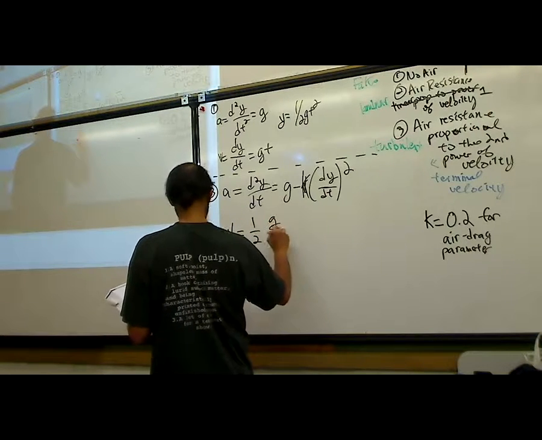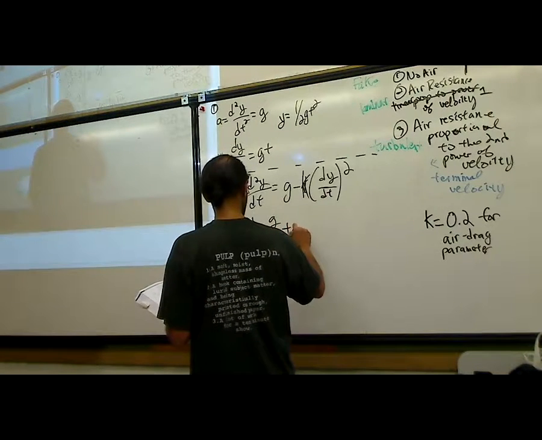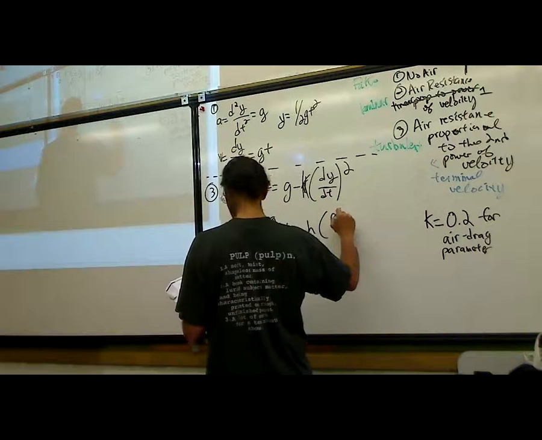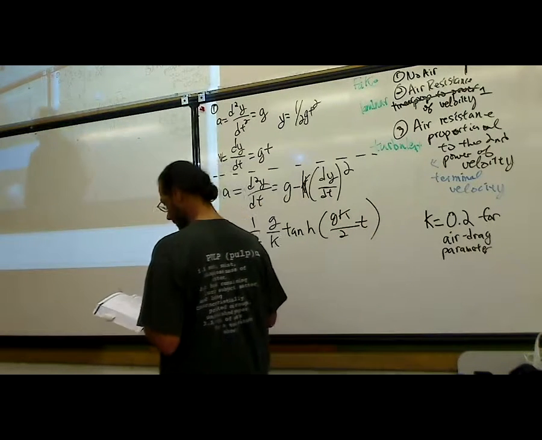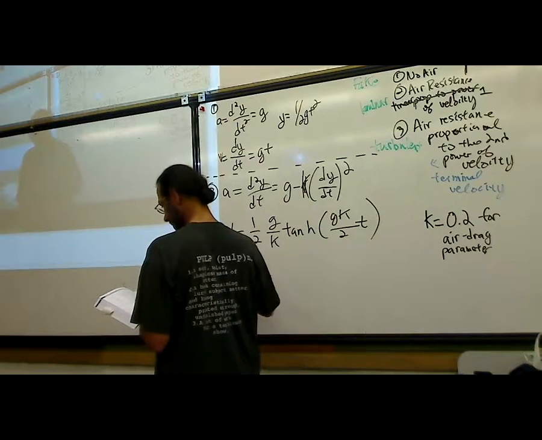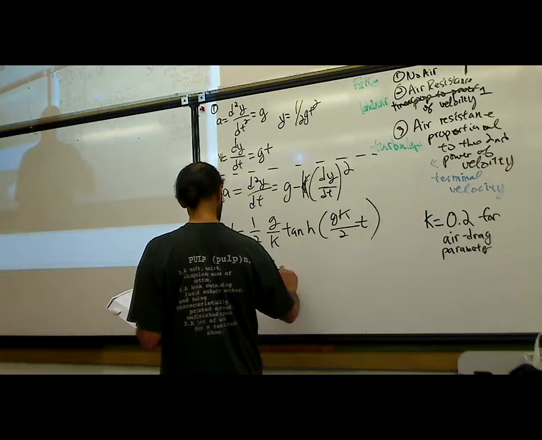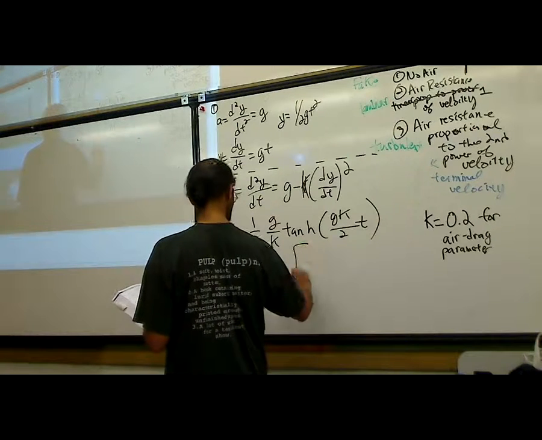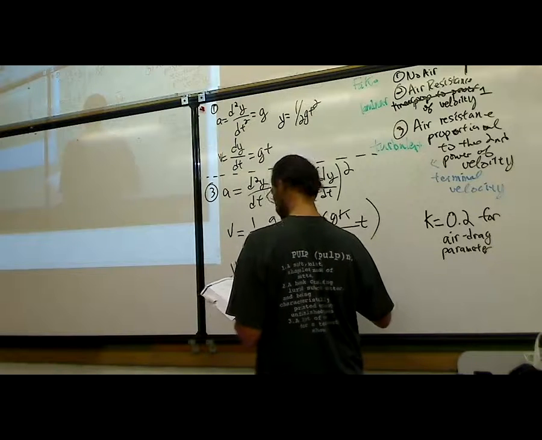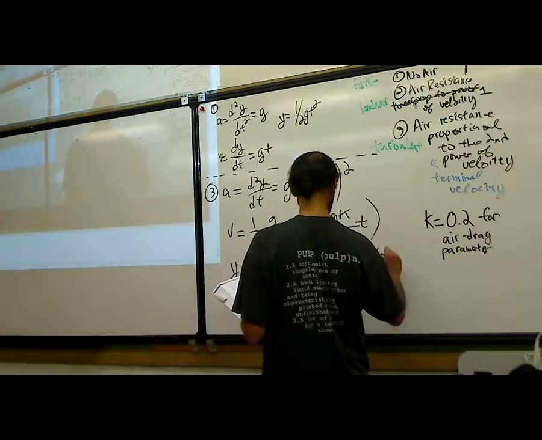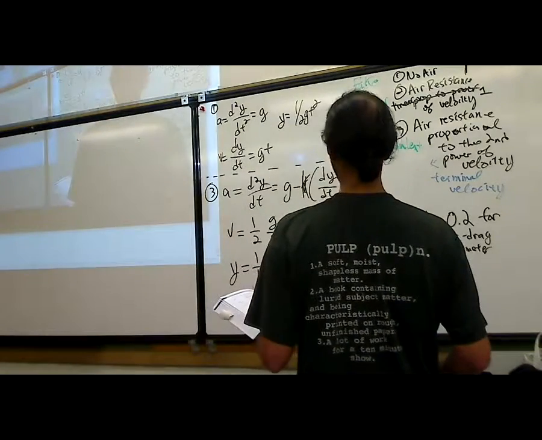Velocity, 1/2 g over k, tangent h, g k squared t. y equals 1/k.